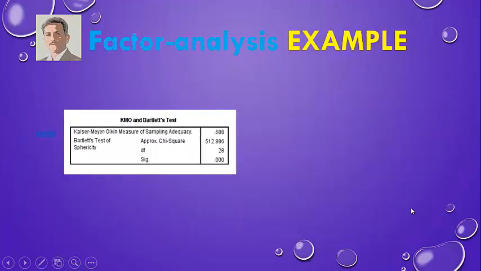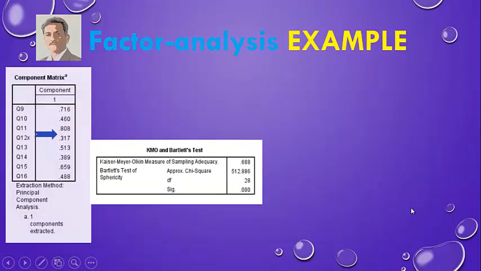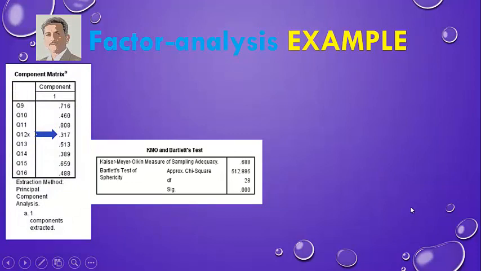Then we computed the second variable, that was the dependent variable. In the first run we got the KMO equal to 0.68, which was less than 0.7, and we found in the component matrix that question 12 was being loaded with 0.317 as the factor loading.